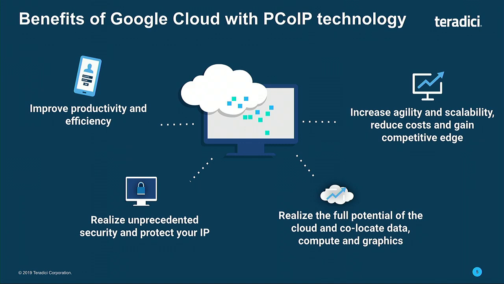Another one is that you can realize unprecedented security and protect your IP. So with our technology, when you remote your workstation somewhere else, firstly, again, you're not downloading the data. So it's not somewhere on a device that somebody is taking, traveling with, working from home with. Your data is somewhere safe in the cloud or the data center.